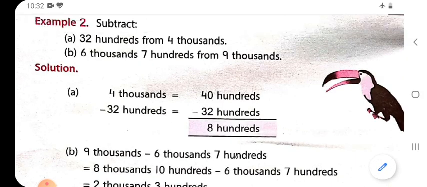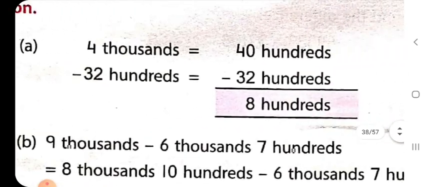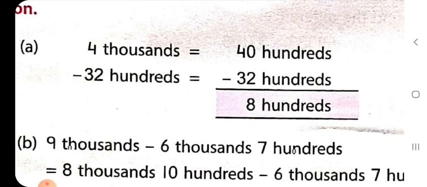Okay, as you can see in the example, the first line says 4000 is equal to 40 hundreds.